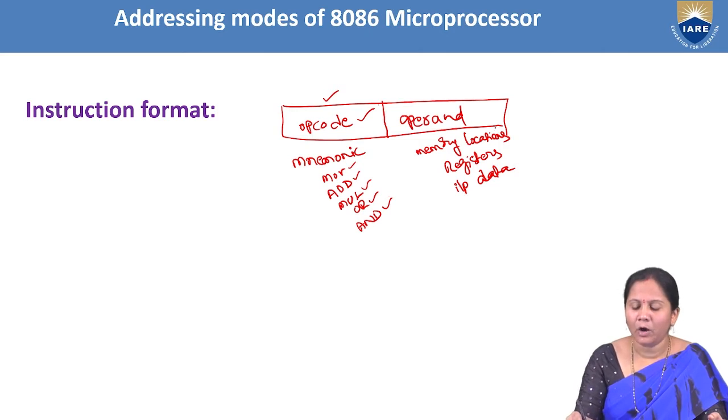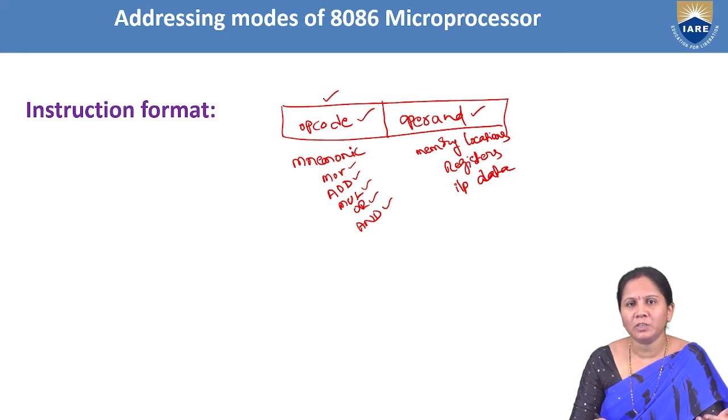And what is meant by operand? The opcode does the operation, and the operand says on what data it is going to perform the operation. So this operand column includes either memory locations or registers or any immediate data.